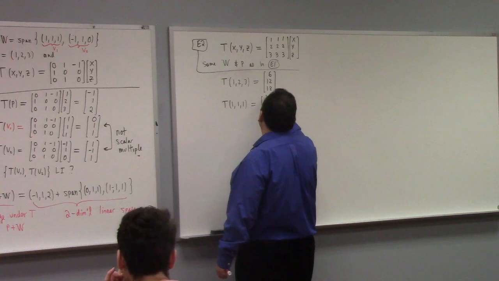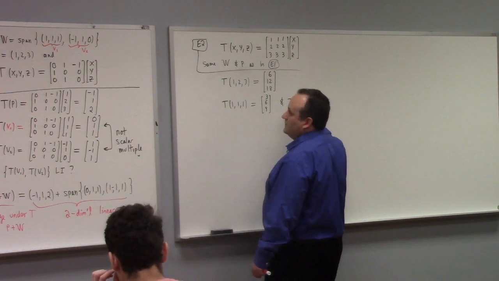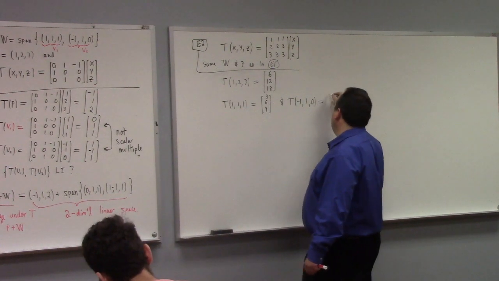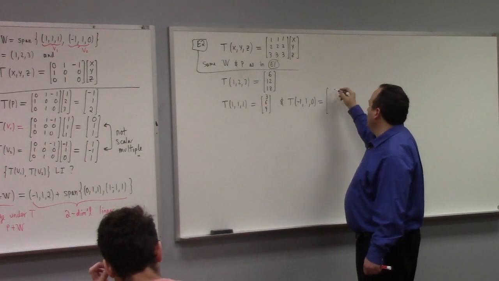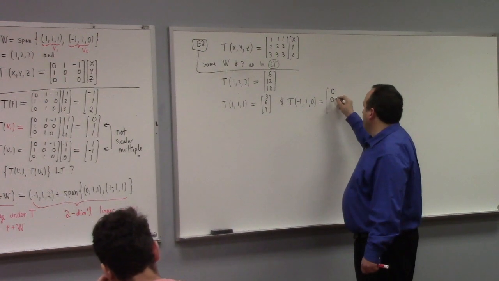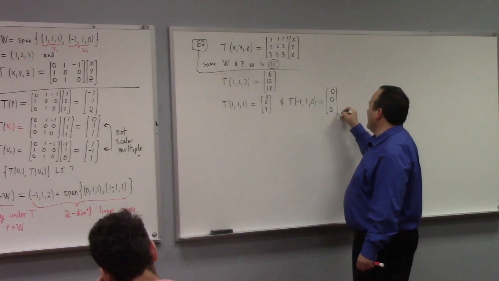We got (3, 6, 9), I think. And what's T of (-1, 1, 0) equal to? Work it out. You got yourself a 0.